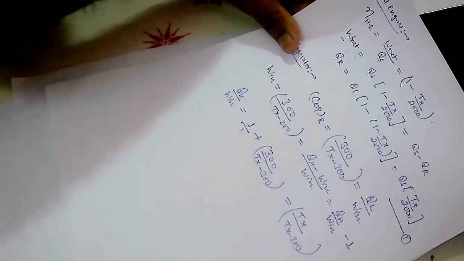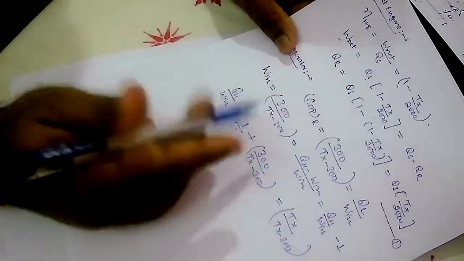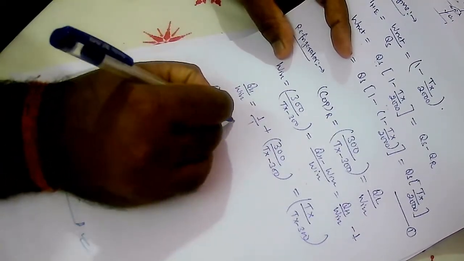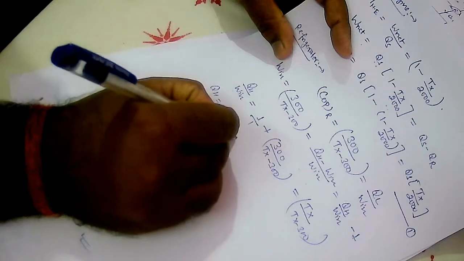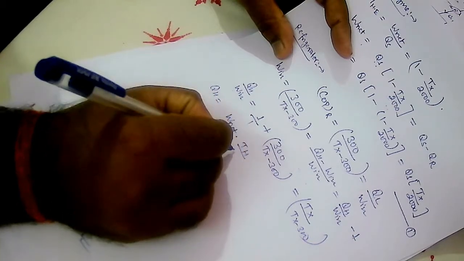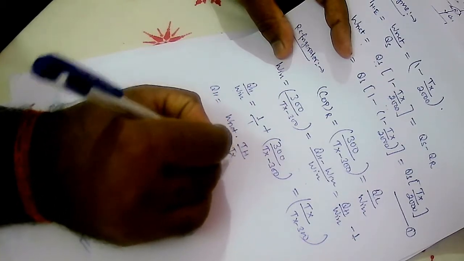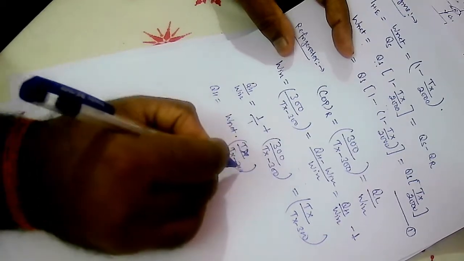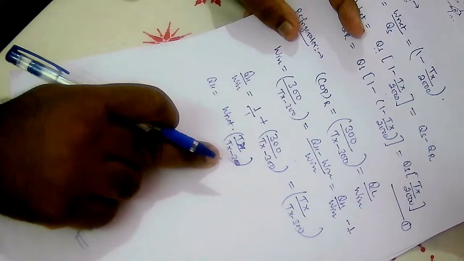If you do so, you can write QH is equal to W net multiplied by Tx divided by Tx minus 300. Now substitute the value of W net, which is here.